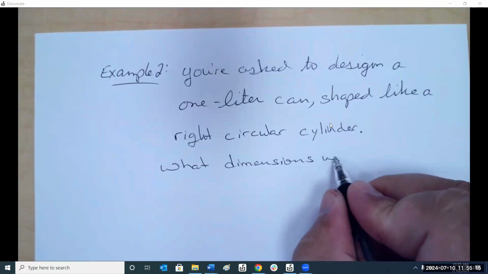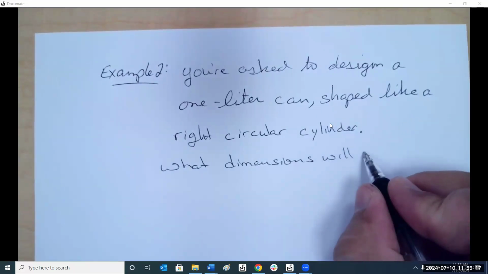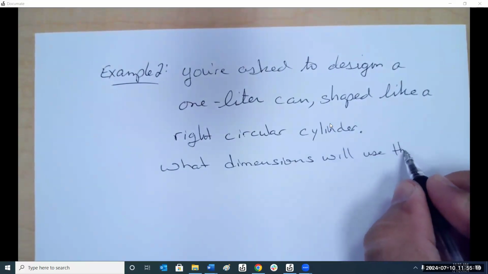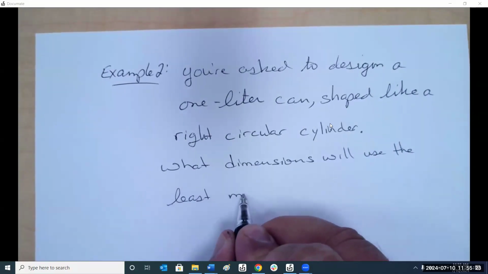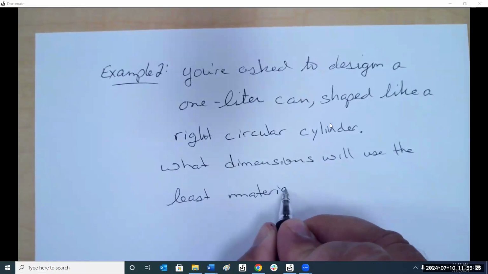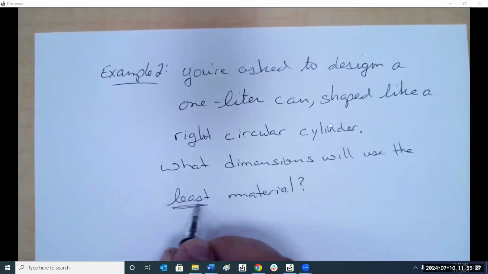What dimensions will use the least material? We're looking for the least this time.